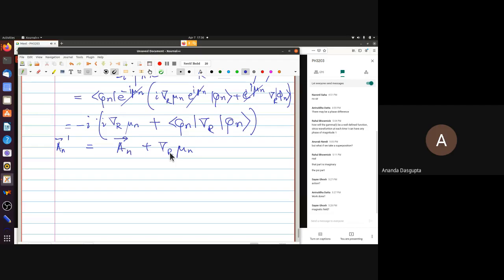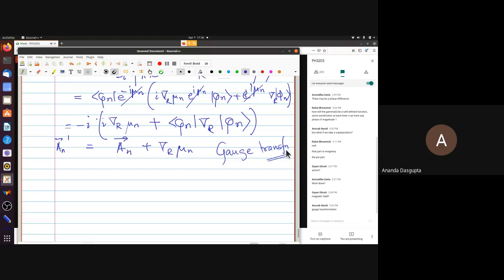Again, remember we said A is sort of like the vector potential. Then does this look familiar? Yeah, this is exactly the gauge transformation. Okay, that's all it is, a gauge transformation.